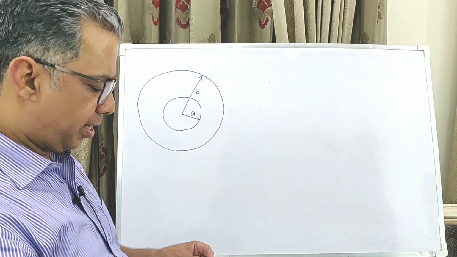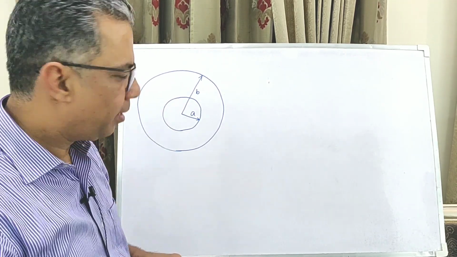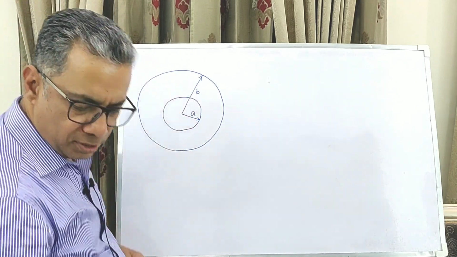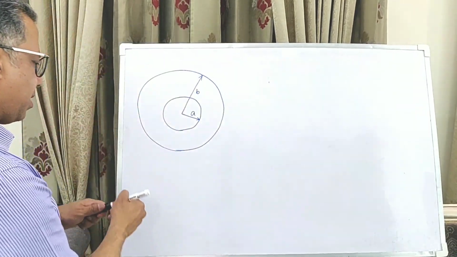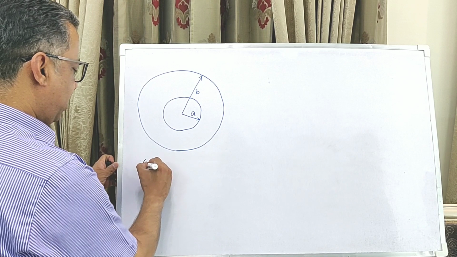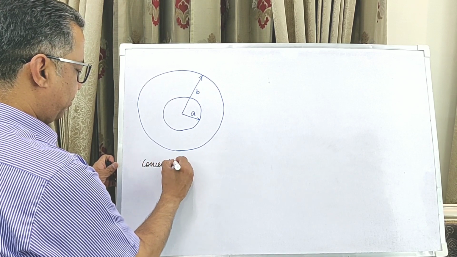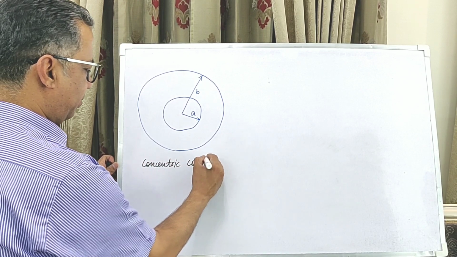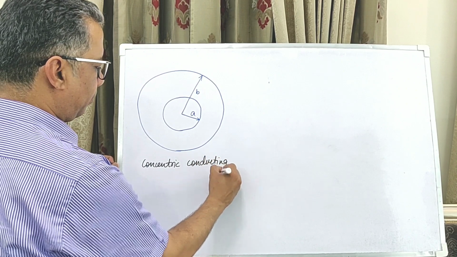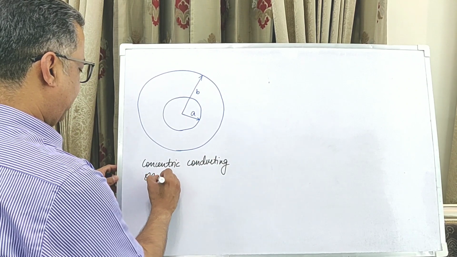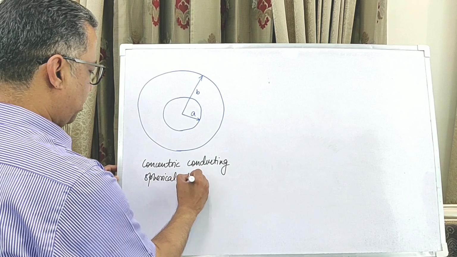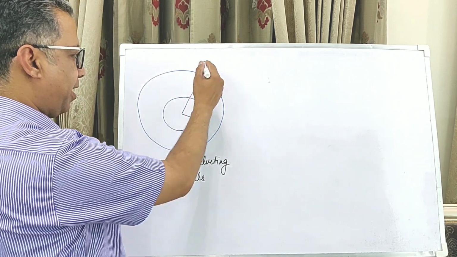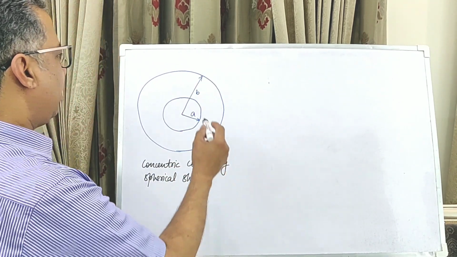And by concentric I mean they have the same center. So we have two concentric conducting spherical shells having radii A and B.